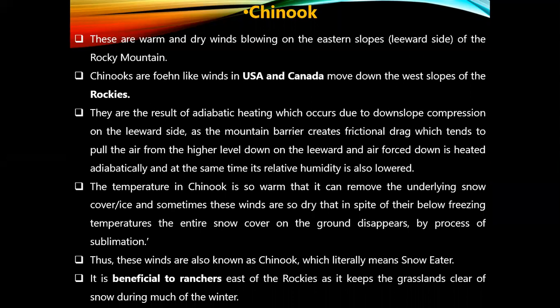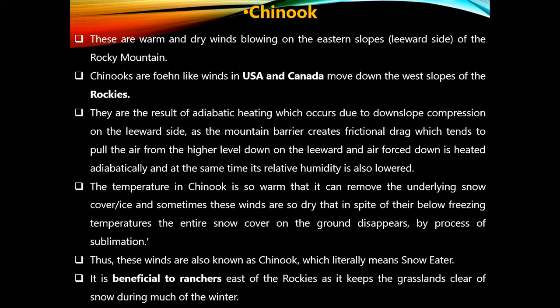Next, the Chinook are local winds. They are very warm and dry winds blowing on the eastern slopes of the Rocky Mountains. Chinook are Foehn-like winds in the USA and Canada, and move down the slopes of the Rocky Mountains.